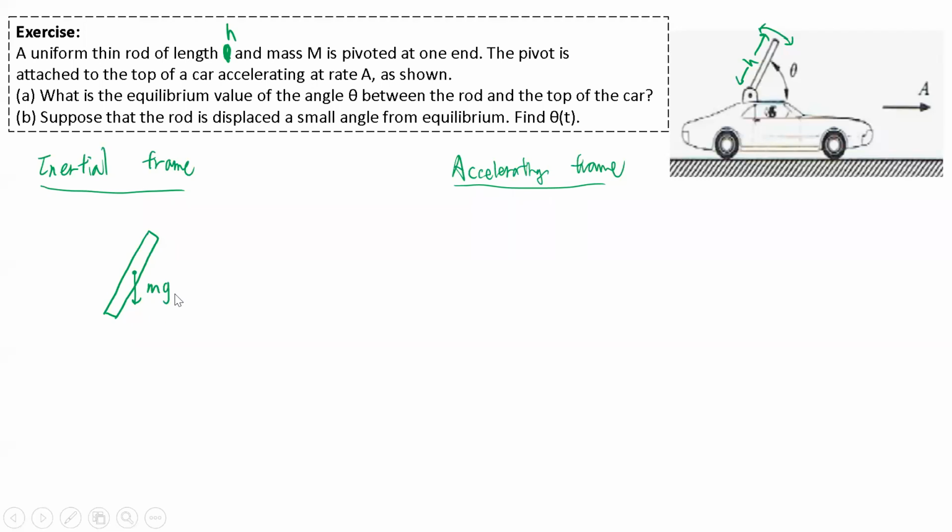So first of all, again, we draw a diagram for us to label all the forces that we have, right? So of course, I'm just labeling this mg at the center of mass of the rod, and then there would be a force acting on this rod by the pivot.